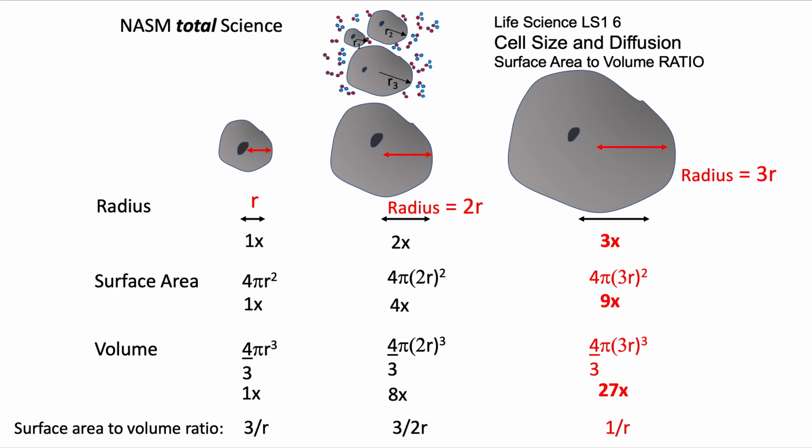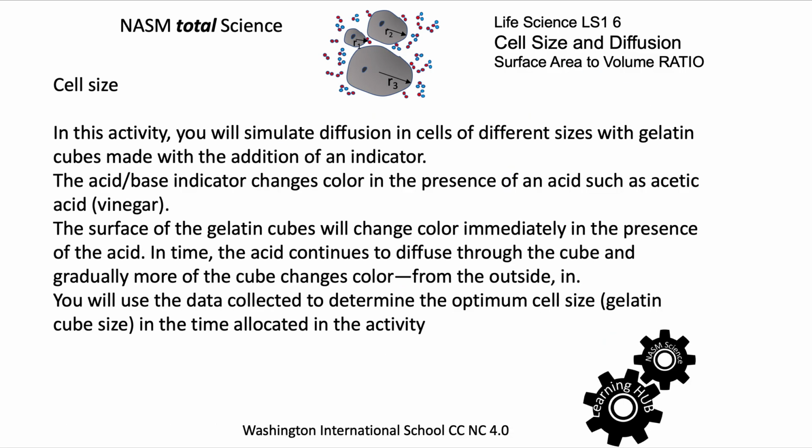And you've got 4/3 pi times 3r all cubed, which is going to be 27 times the volume. And when you do that calculation, you end up with 1 over r. And the volume is 27 times that of the single r radius, comparing it.